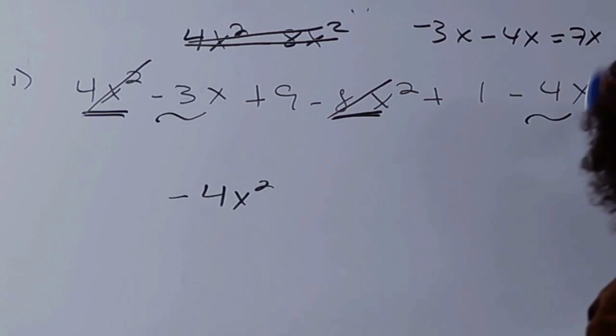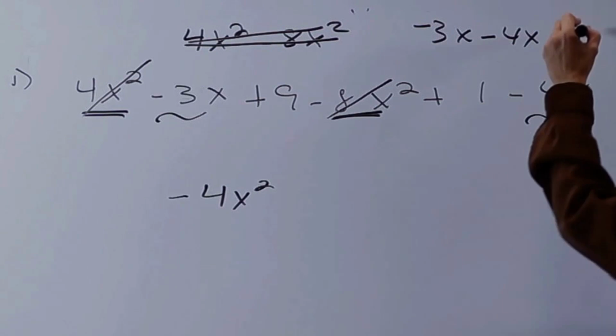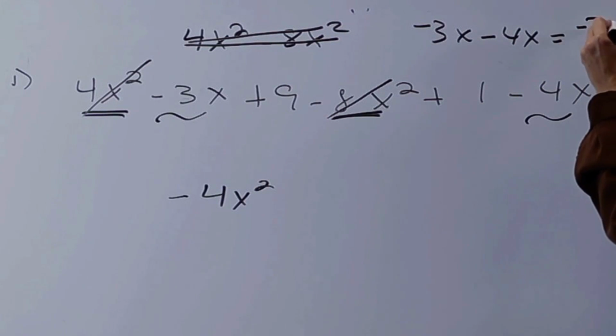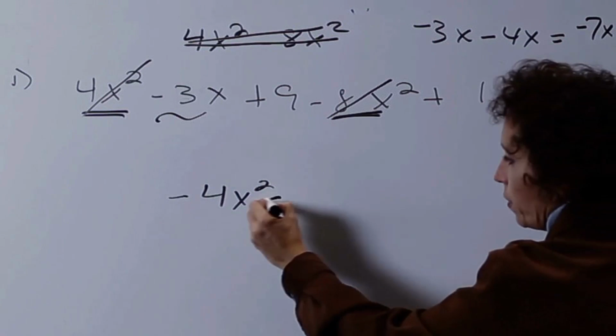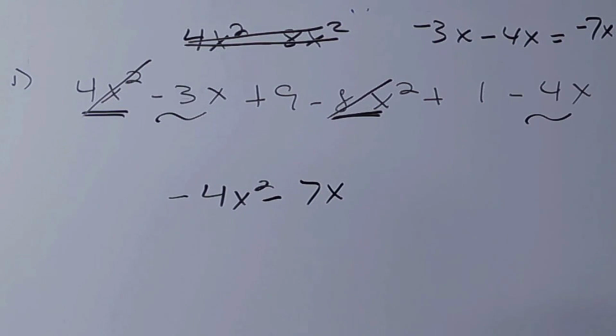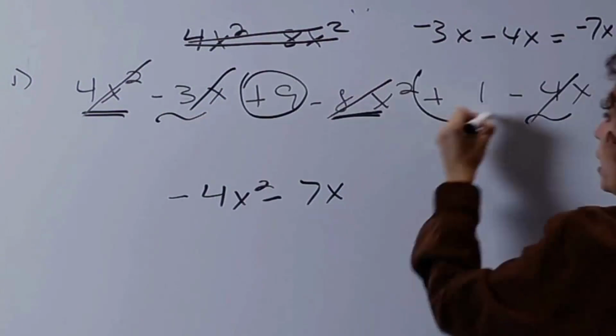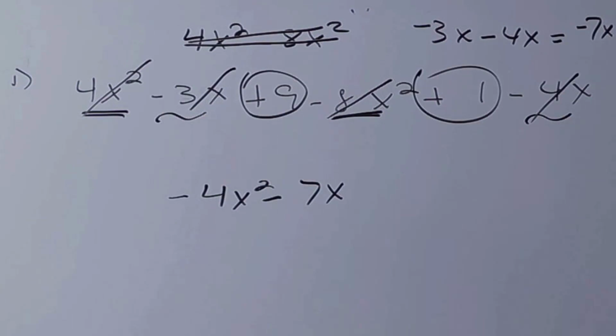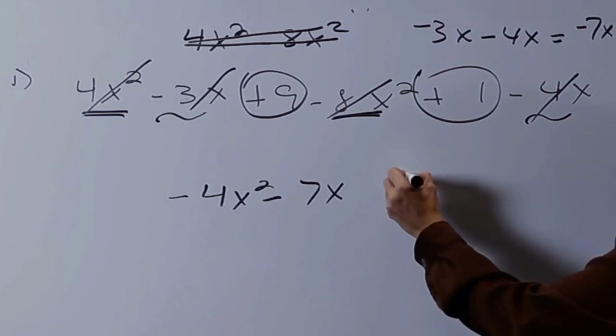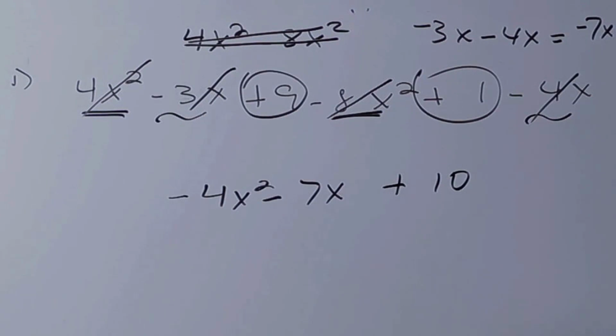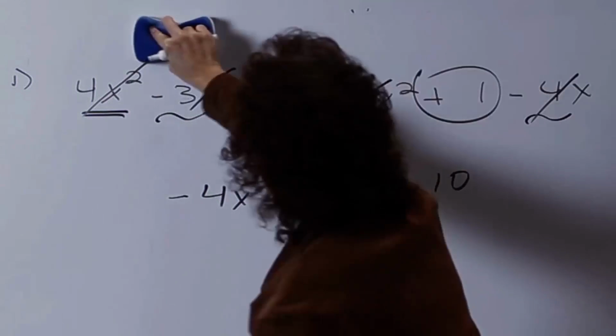That looks like a mustache on that 7 or something. Okay. That's negative 7x. Remember to put the sign there, right between them. So that takes care of that. And then all you have left is this positive 9 and positive 1. I have 9, I have 1, so I have 10. So you can do the work off to the side. Be really careful. It does get a little messy.